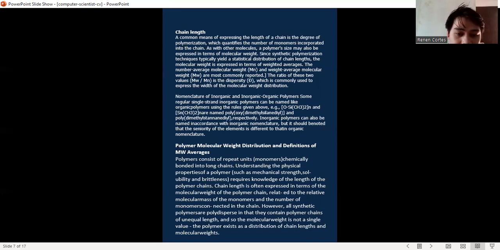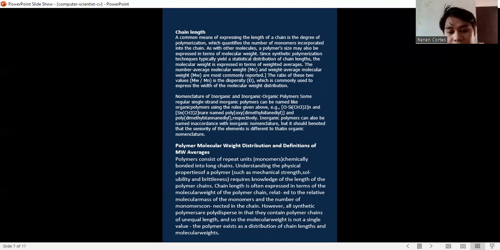For the polymer molecular weight distribution and definitions of Mw averages, polymers consist of repeat units or monomers chemically bonded into long chains. Understanding the physical properties of a polymer, such as mechanical strength, solubility, and brittleness, requires knowledge of the length of the polymer chains.